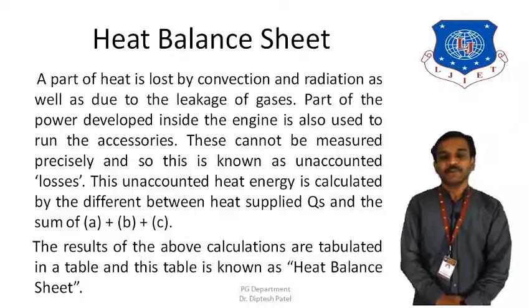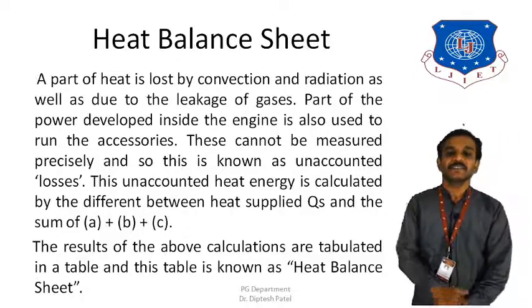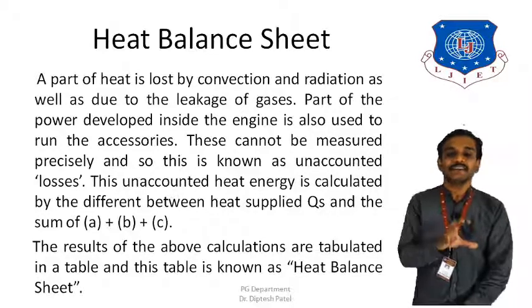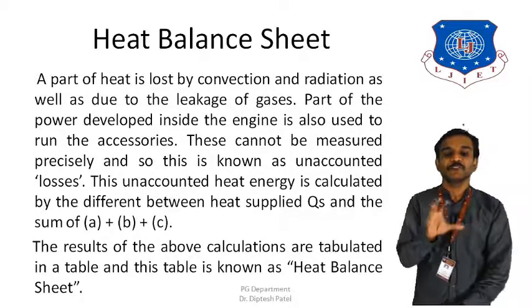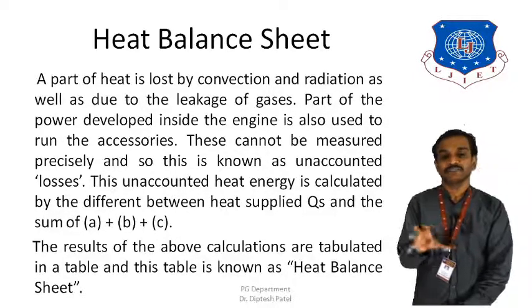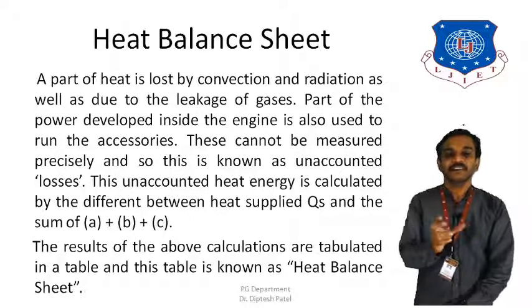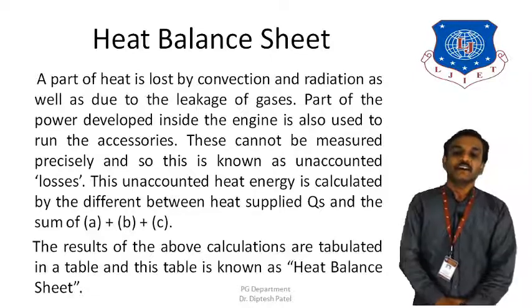And if we want to calculate the unaccounted losses, then we can find the difference between the heat supplied minus heat equivalent to brake power, heat lost in cooling system, and heat lost in exhaust gases, right? So if we get the difference of these, we can find the unaccounted losses.